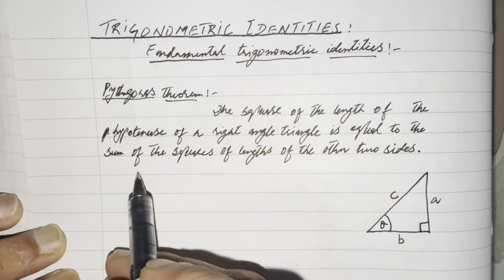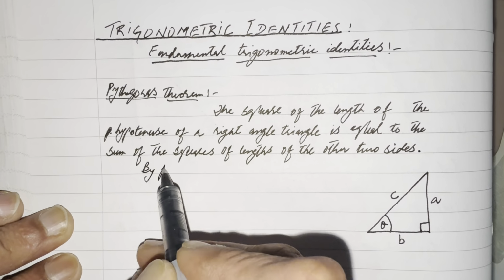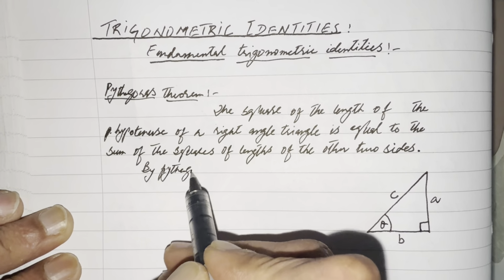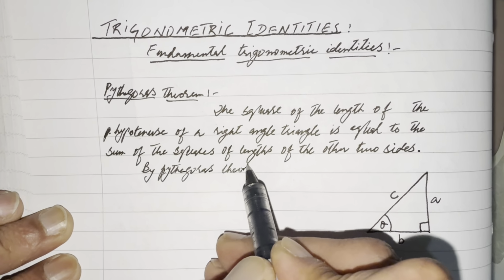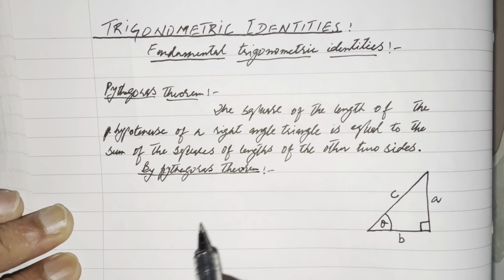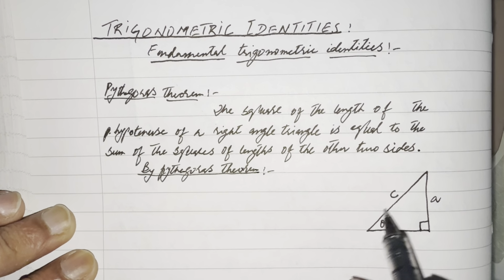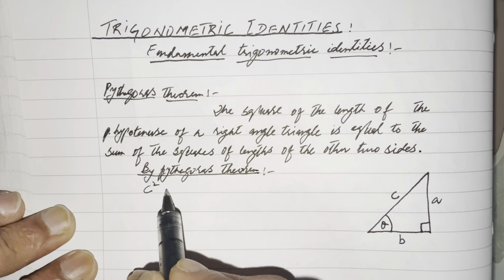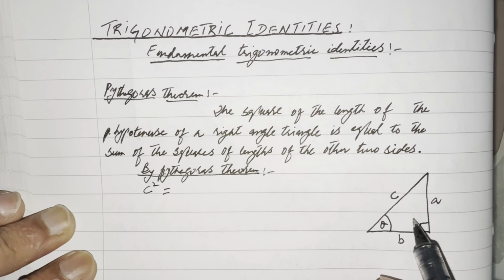So by the Pythagoras theorem, the square of the hypotenuse C is always equal to the sum of squares of the other two sides.